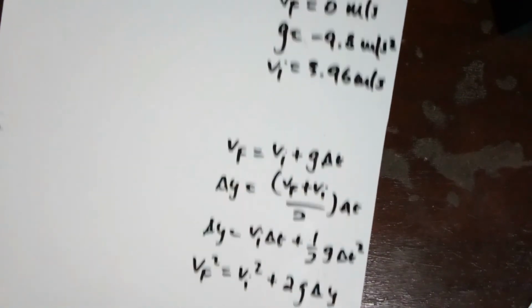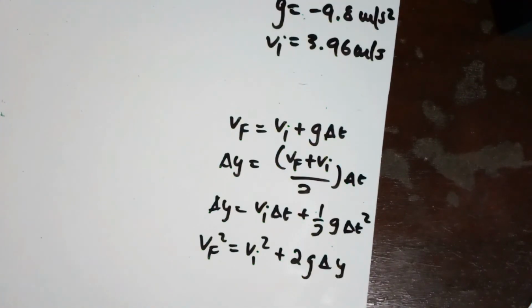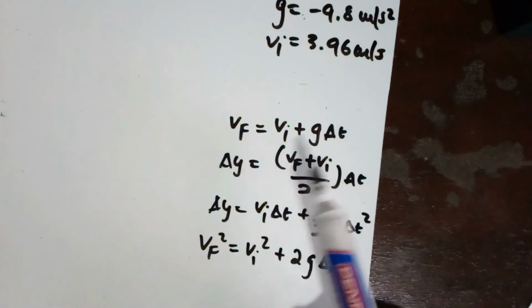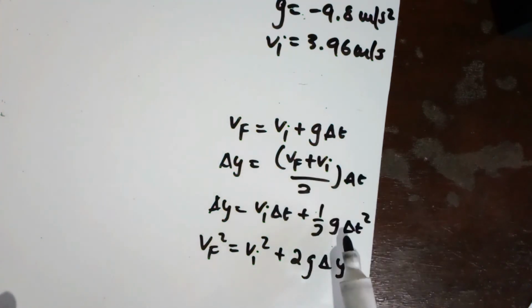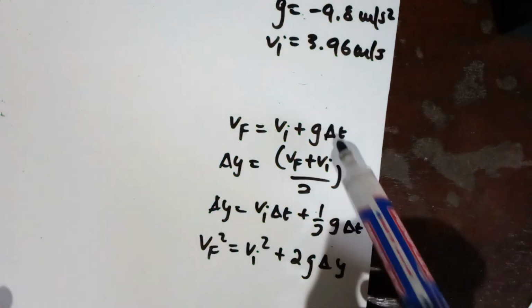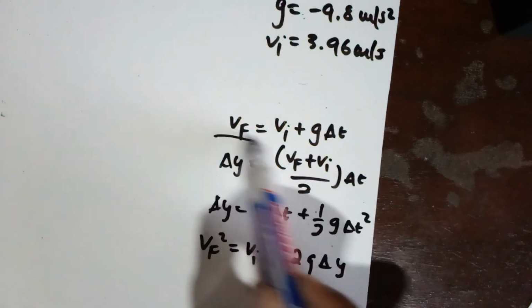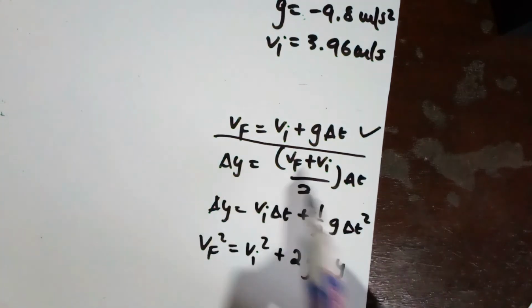So we come back to our equations of motion, and most everything is there. You can either use this equation to find a change in t, or this one, or even this one. So I'll pick the easiest one.